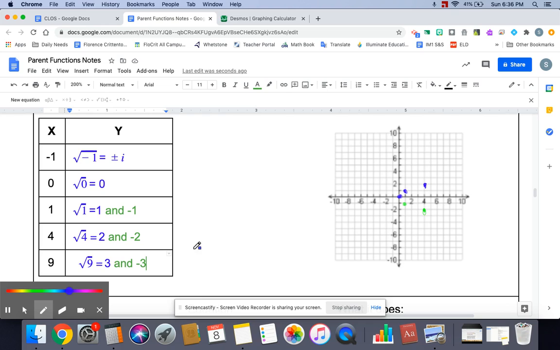So in the one we're supposed to graph, it would go at, when x is 9, it's up 1, 2, 3. And then there's the other answer, the negative 1, 2, 3.